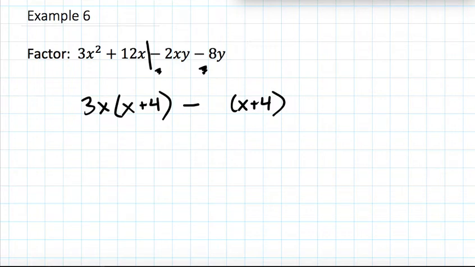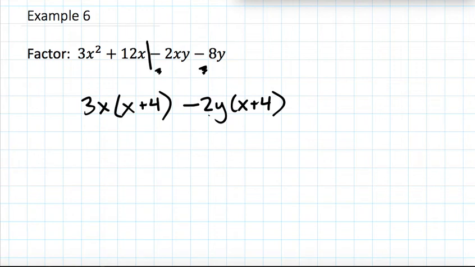Then I also need to put a 2 so that I can get the 2 here and the 8 in the last term. And then I need to put a y because both terms have a y. So minus 2y on the outside, and then I can check this: minus 2y times x is negative 2xy, minus 2y times 4 is negative 8y.